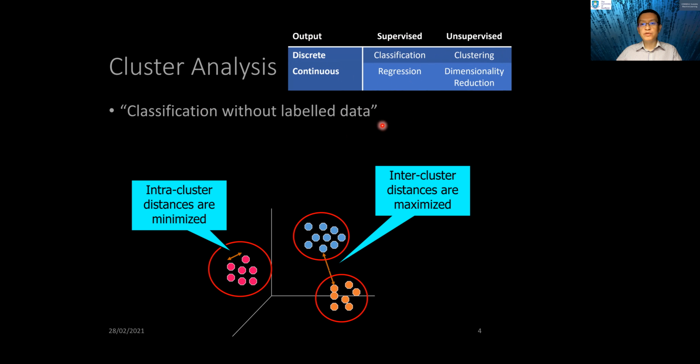So basically, you can view the clusters as kind of classes. And we can also view clustering as an extreme case of dimensionality reduction. That is a reduction to the dimension of 1. That is the cluster index.